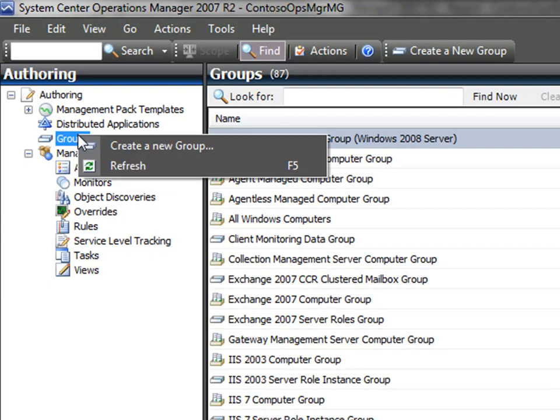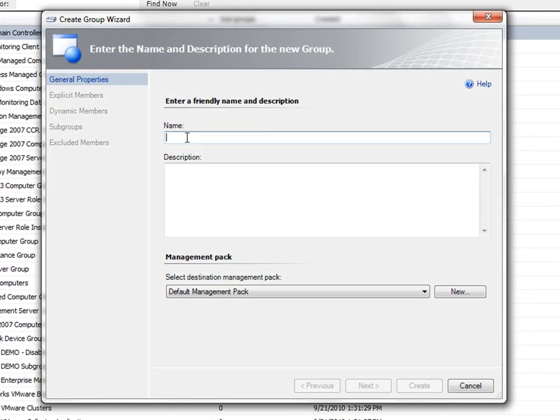First, we will need to create the group we will target the service level tracker against. For this demonstration, we will create a group that will contain the production ESX cluster.